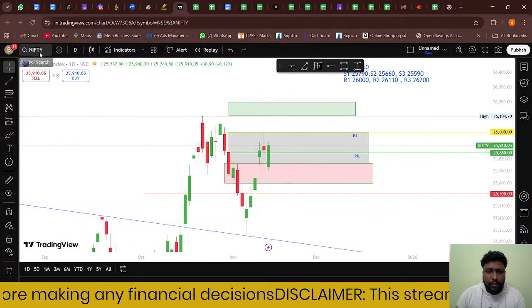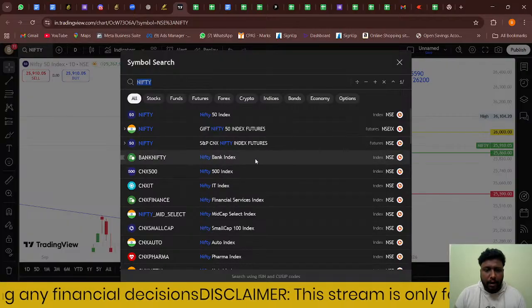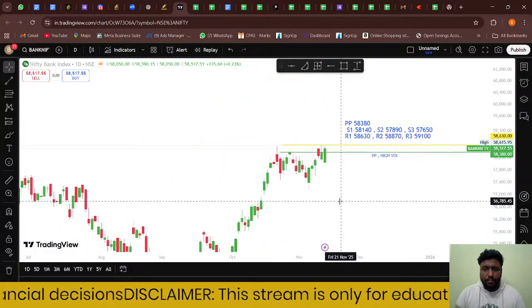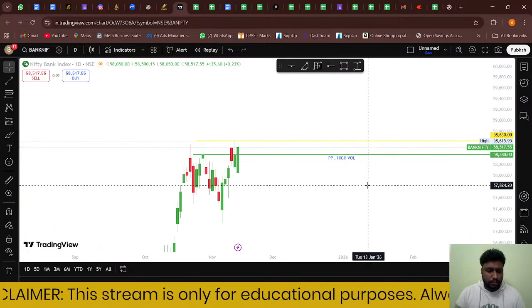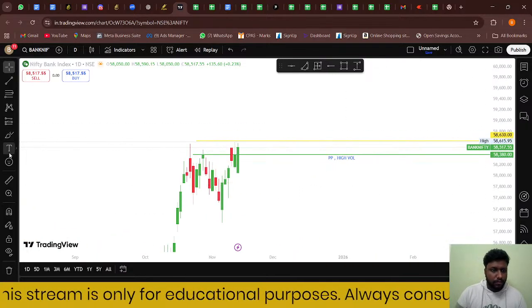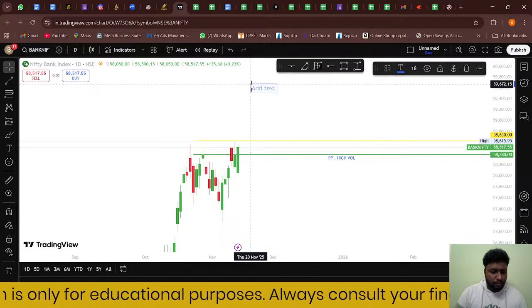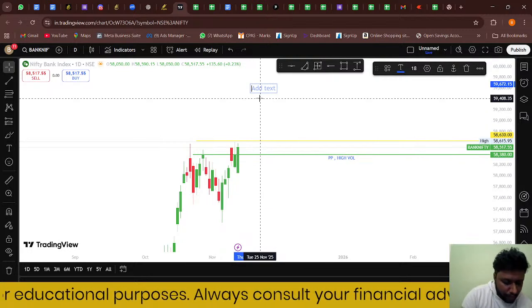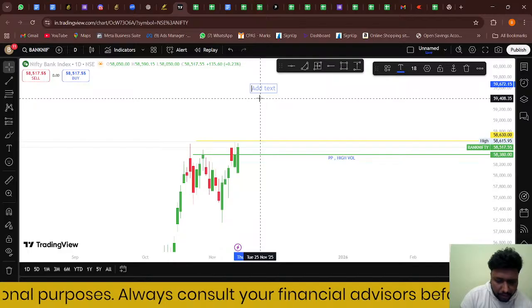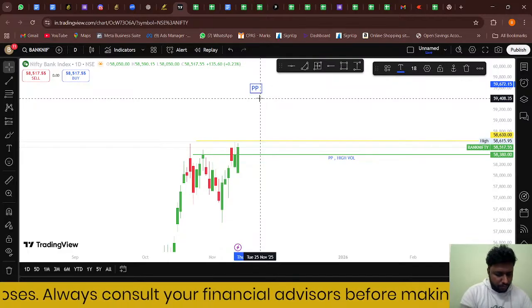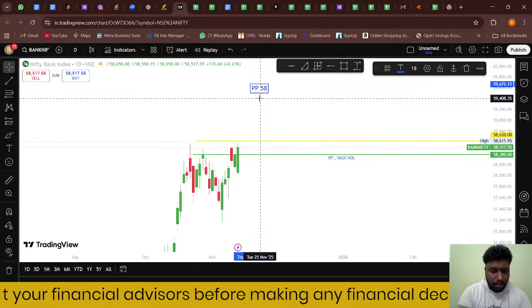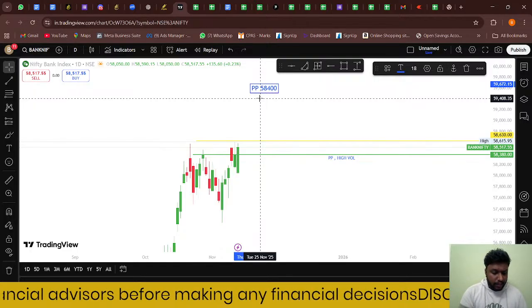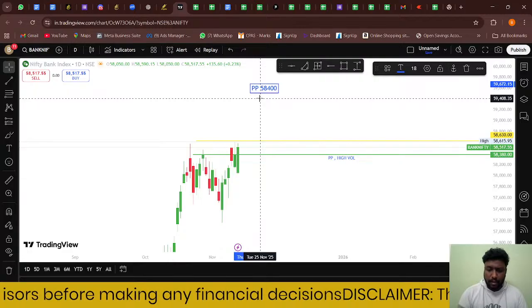So let's quickly move on to the Bank Nifty part. The Bank Nifty pivot point lies at 58,386.